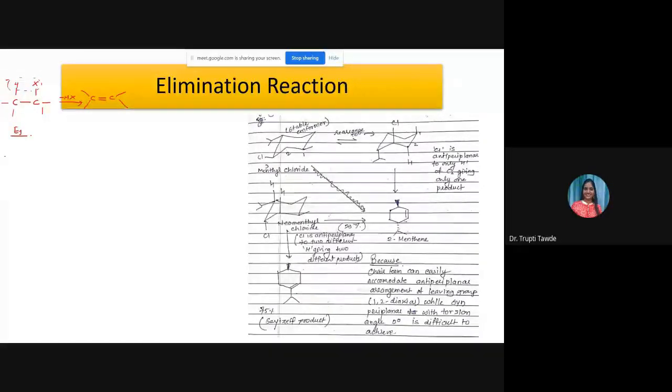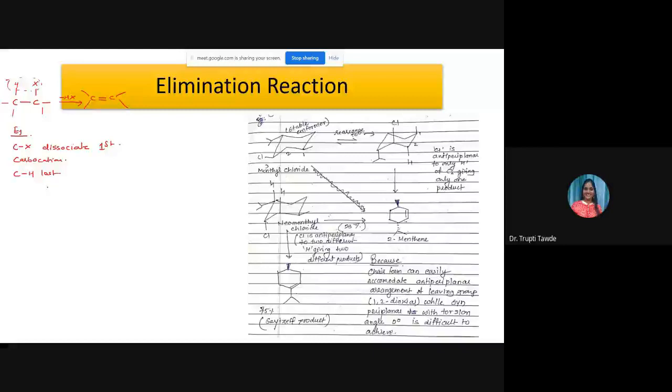When I'm talking about E1 elimination, the CX bond will be broken first. This is dissociated first. If X leaves, what will form here? A carbocation, right? So in short, I get the formation of a carbocation, and then the proton will be lost.